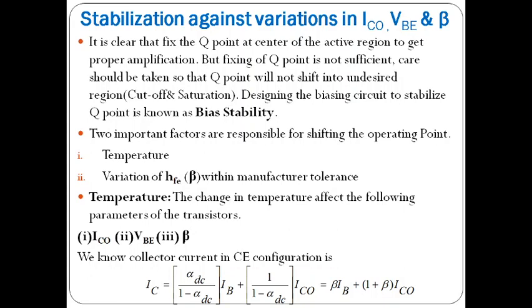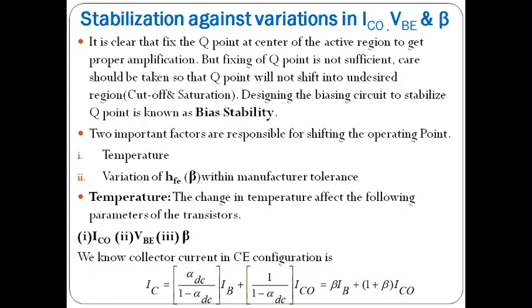So this reverse saturation current depends on the temperature. Similarly, this VBE also depends on the temperature. So the change in temperature affects these following parameters, that are reverse saturation current ICO, VBE and beta.